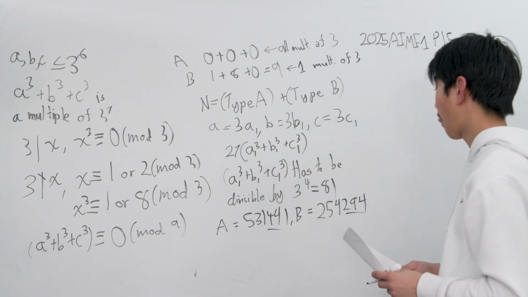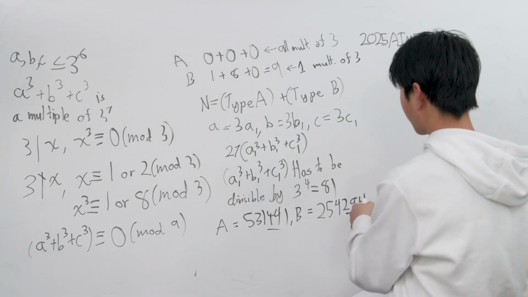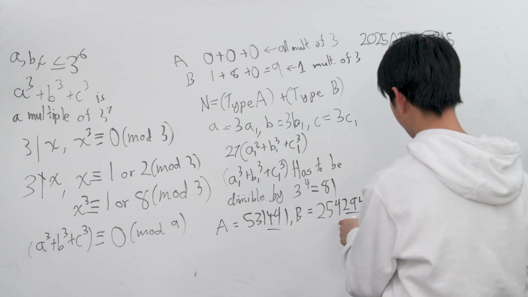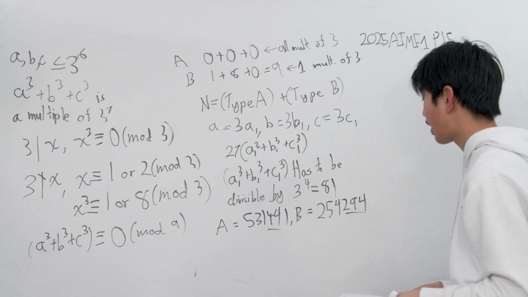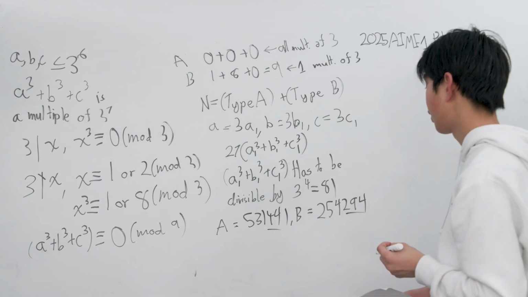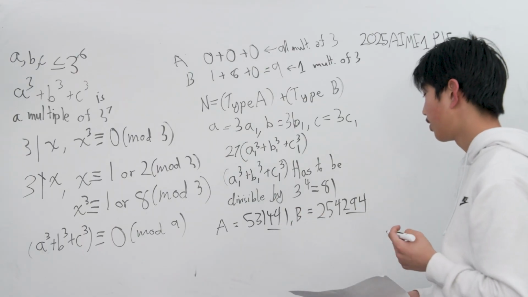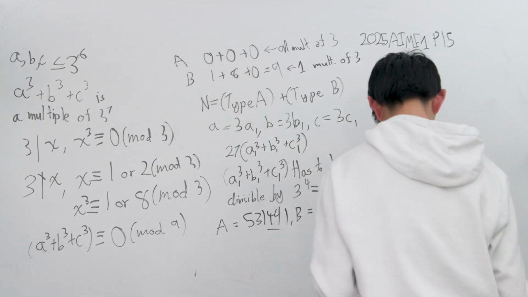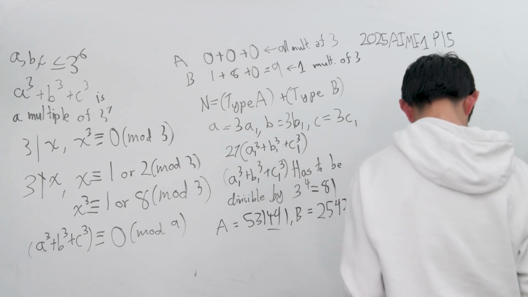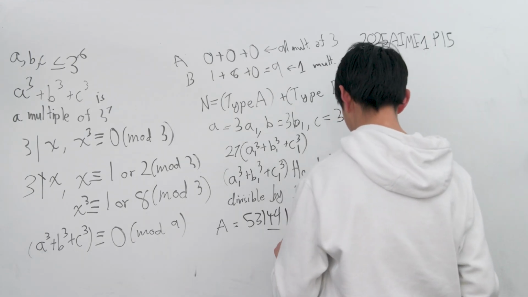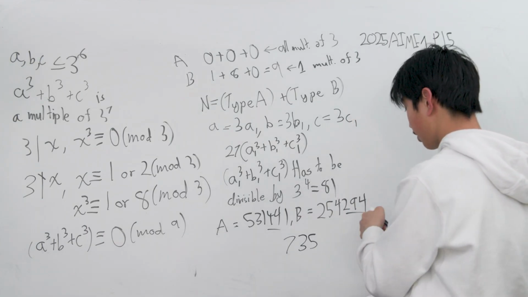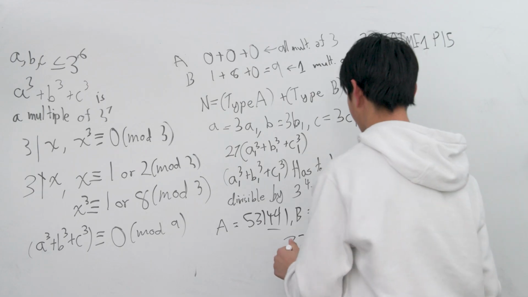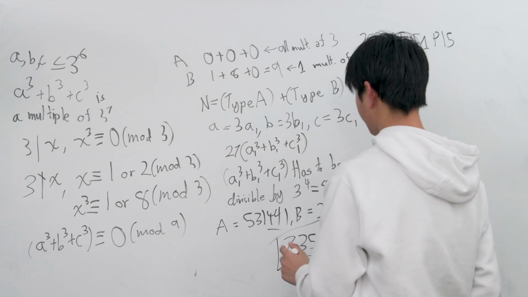So if you carry the 1 into thousands, just don't do that. You can just add the last 3 digits for both of them, and you'll get an answer of 735 when you add these two big numbers together and then do mod 1,000. So that's our answer.